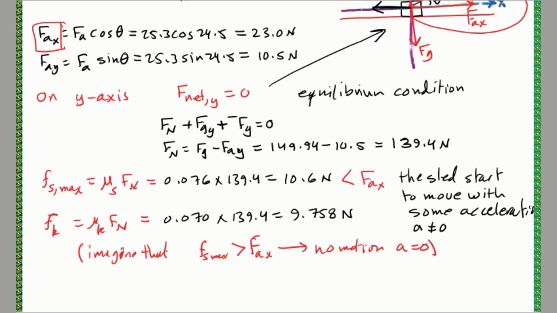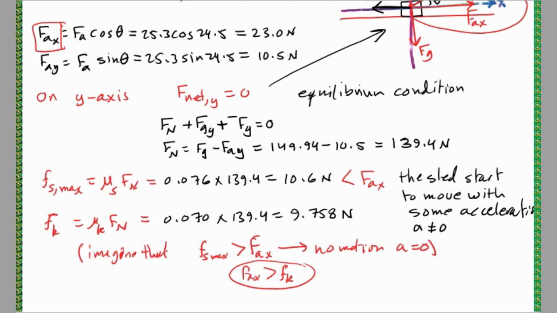So this is a very important condition to proceed with the question. If Fs maximum is greater than Fax, the object will not move. Even if Fax is greater than Fk, this is not a condition for motion.